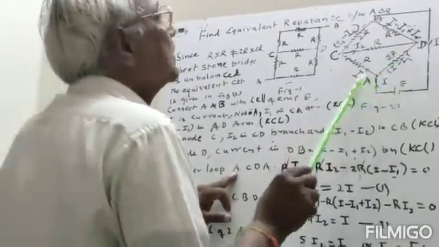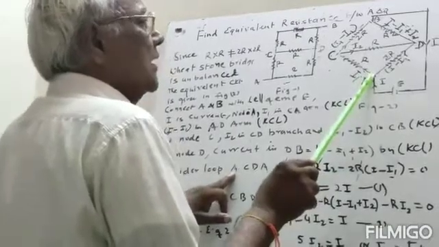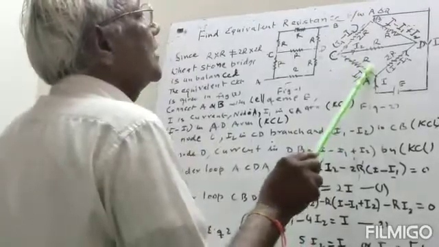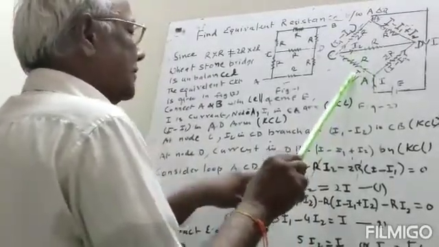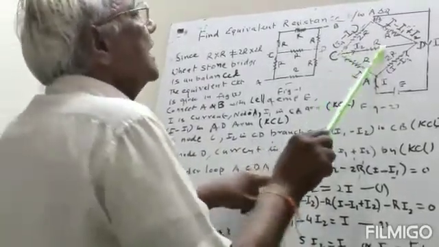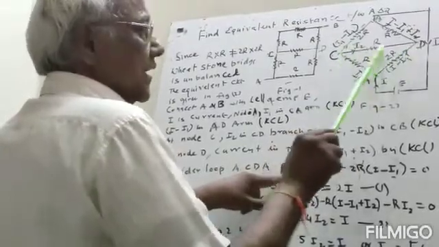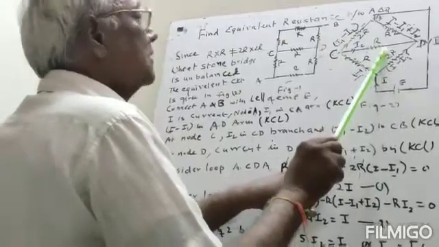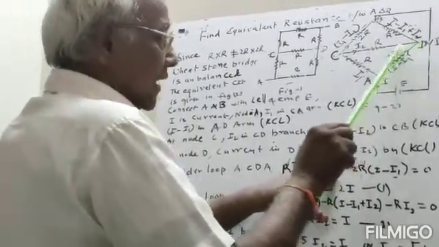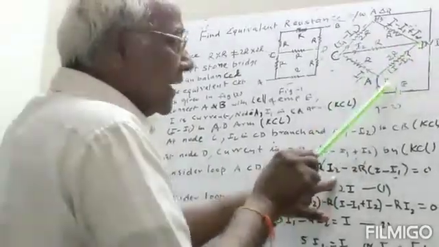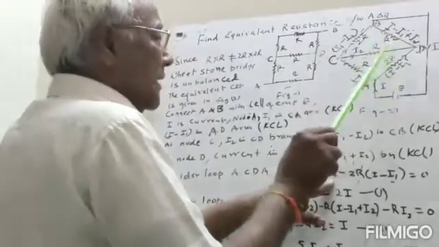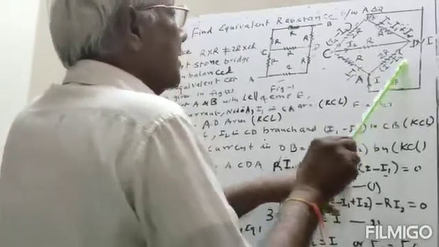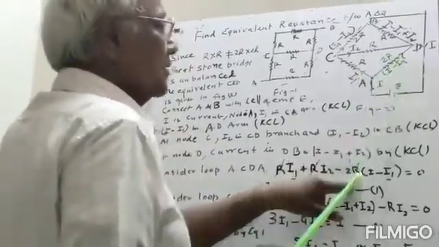So here we start from A, then here the current is I1, the direction of current is the same, R, so it is equal to I1 into R. Then here the current direction and loop direction are the same, so it is I2 into R. And here the loop direction is this and the current direction is reverse, so it will be minus, current is I minus I1, into 2R.